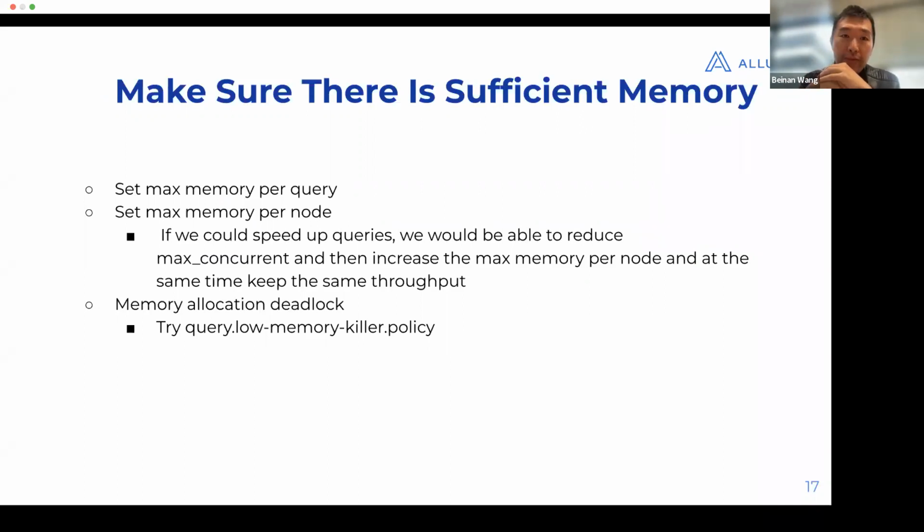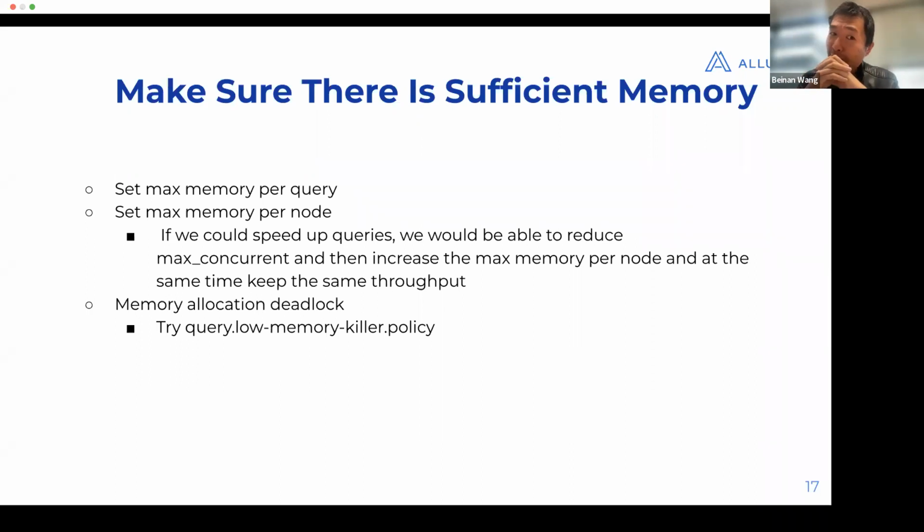Even though there might be some SSDs attached to the Trino cluster, mostly we won't do data spill. This means we won't cache intermediate results to disk. So everything is in memory. That's why Trino is super fast. Sometimes the memory might become a bottleneck, especially when you are running queries in parallel.